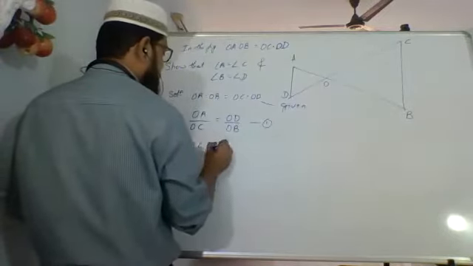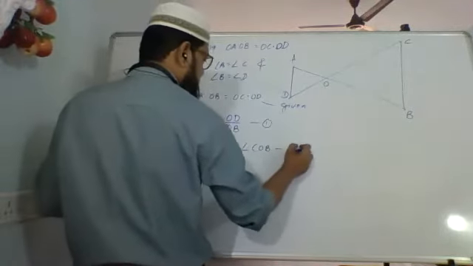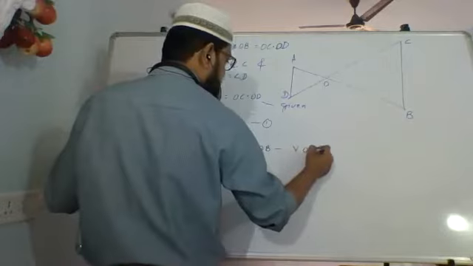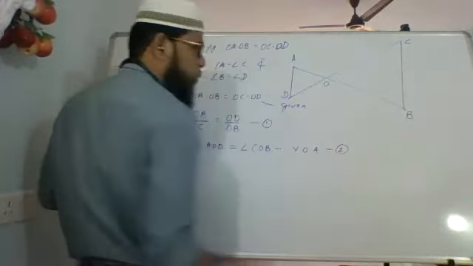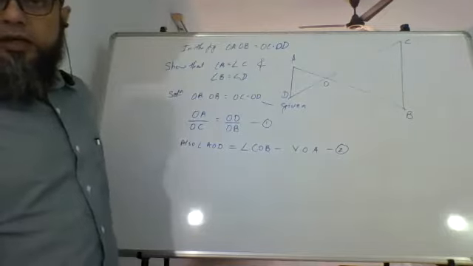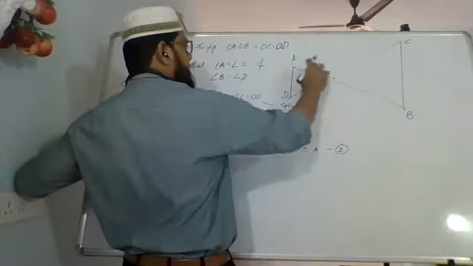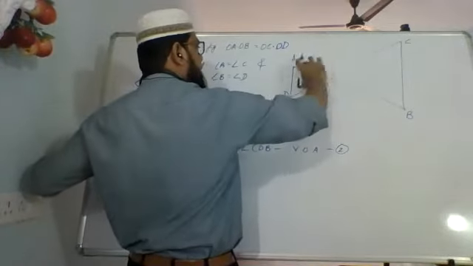angle AOB is equal to angle COD. Reason, vertically opposite angles. These are vertically opposite angles. Okay. So now you have this angle equal to this angle, and the sides containing them are in proportion.